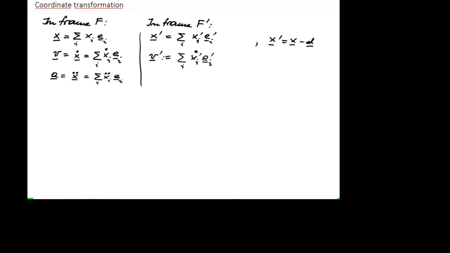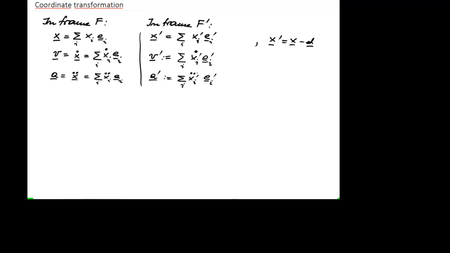And likewise, the acceleration that my colleague sees is again expressed in the basis of my colleague, and then I have the second order derivative of the coordinates that my colleague sees and measures.